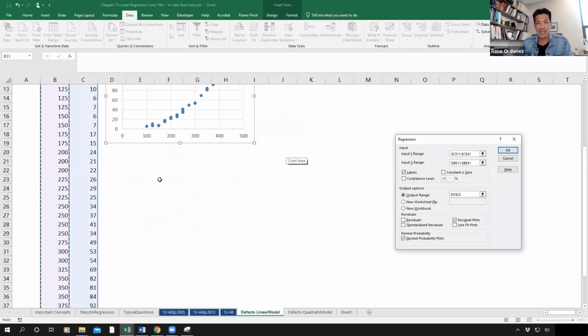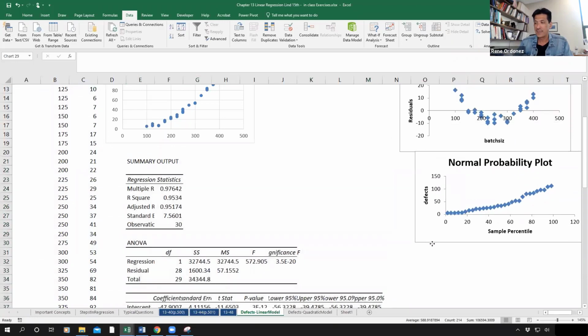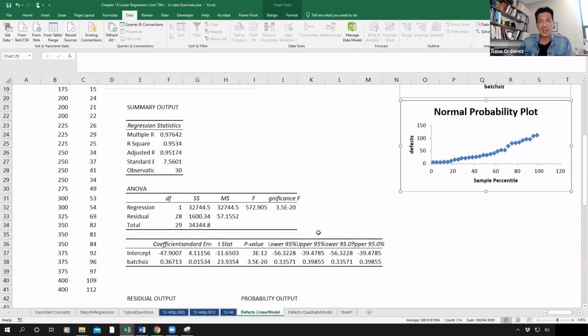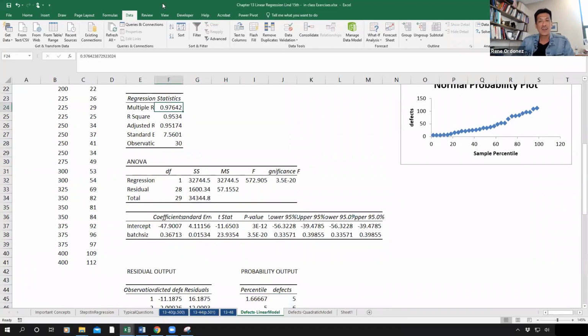Output, let's put the output somewhere in, say, E21. And then I'm going to have Excel compute the residuals as well as the normal probability plots. All right. Okay, we'll analyze those later. But look at the resulting statistics. Look at the R value.